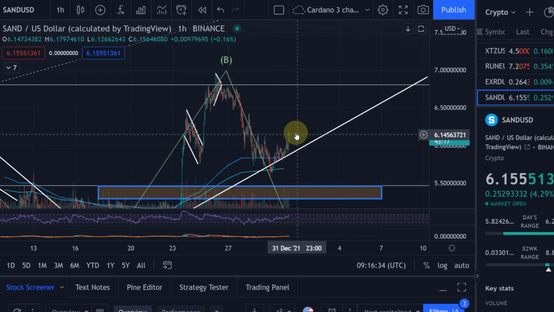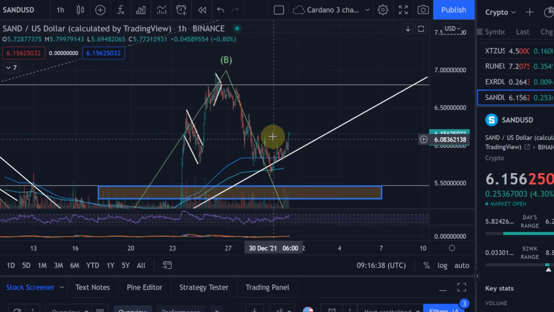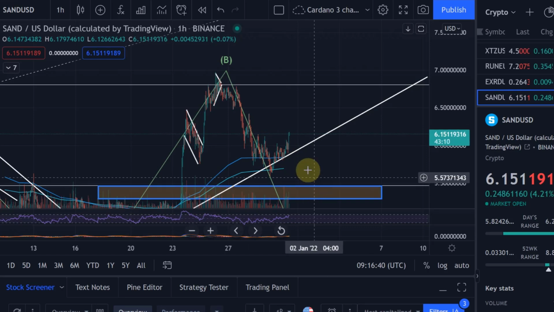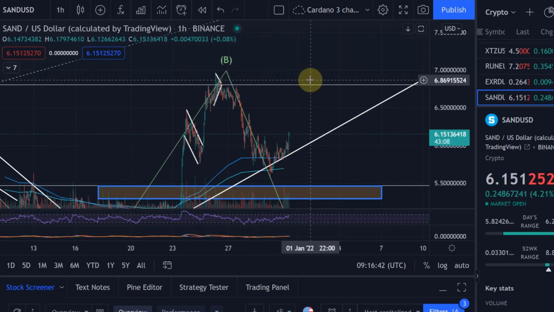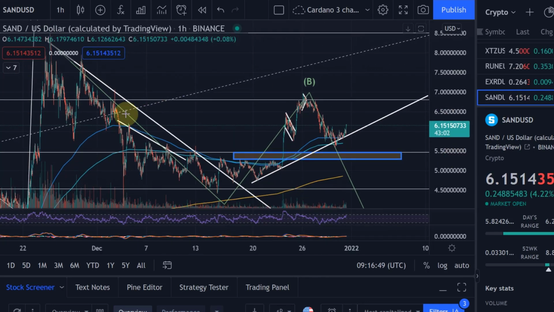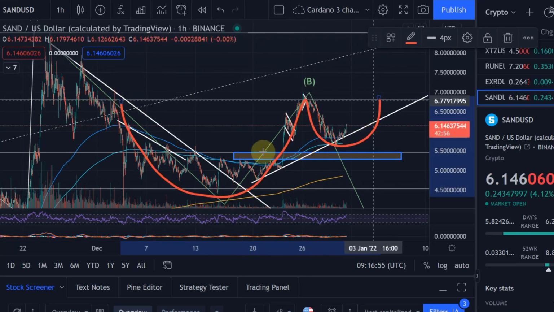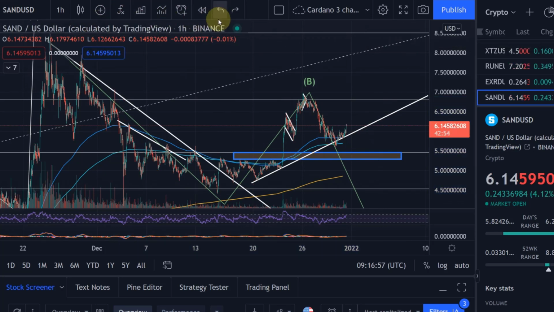But I would now expect, with the latest Bitcoin pump obviously contributing to this, just today we had a nice pump, that we could now move to the 680 level once more. I said in the last video, I'm not quite sure if it will be, but it could actually become a cup and a handle.